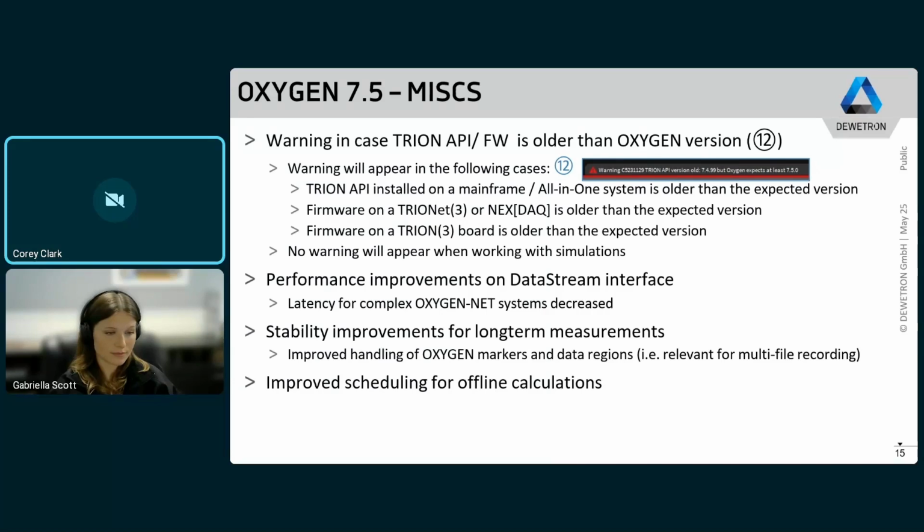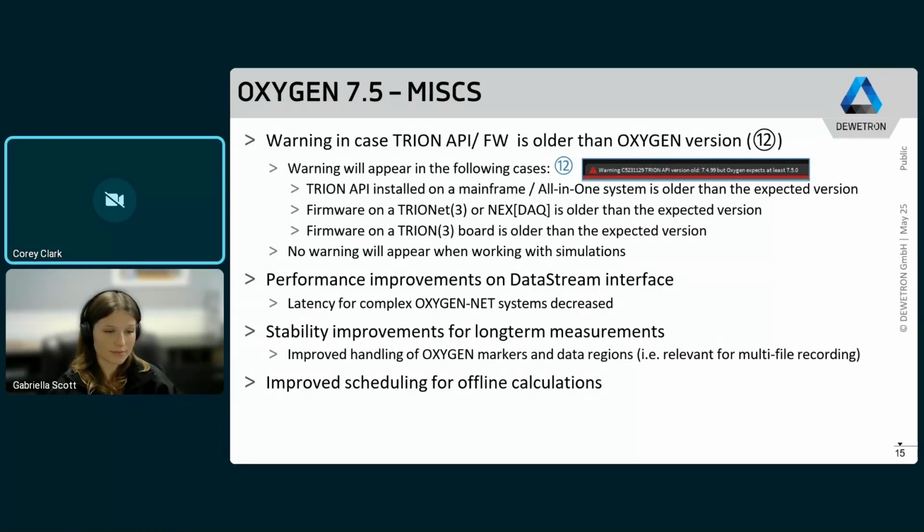And so we've improved this so that it's not going to load the system down like it was before. So if you're having any types of issues with long-term measurements, just know that in Oxygen 7.5, we've improved this to make the experience better for you. So please upgrade and try it out.